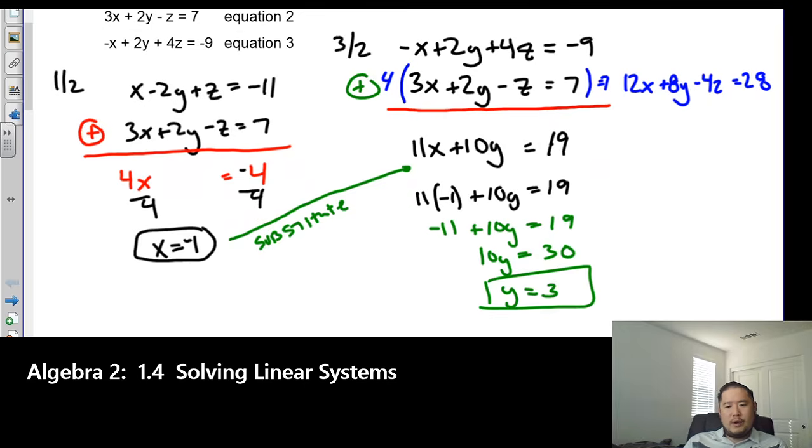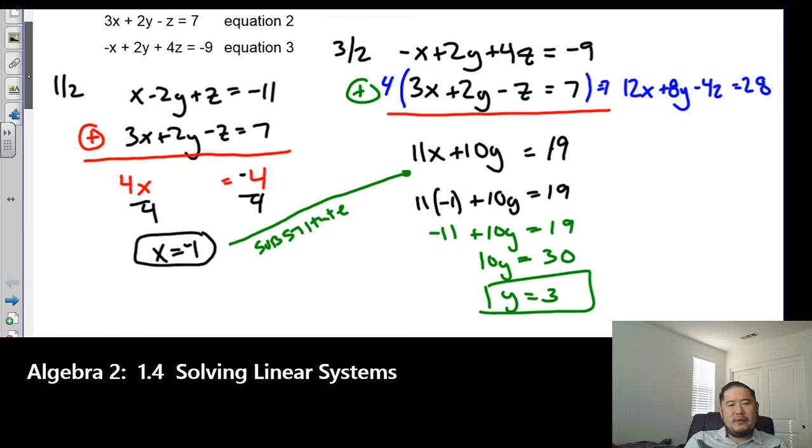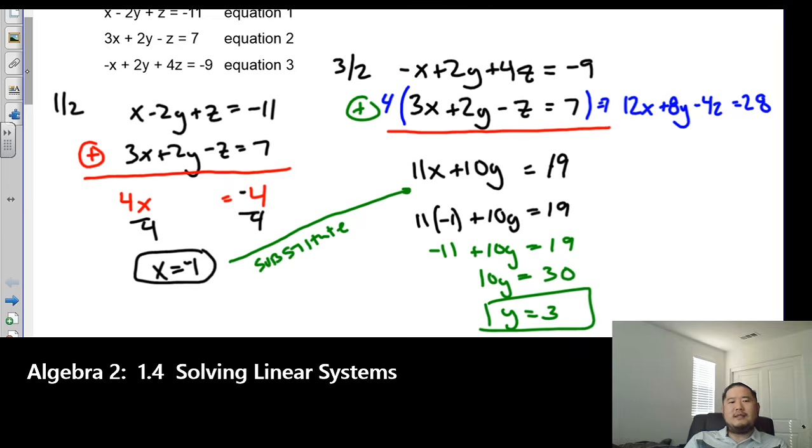So now we have x and y. The last thing we've got to do is figure out what z is. In step 3, we're going to substitute everything in so we can find the third variable. We have 3 equations right here.